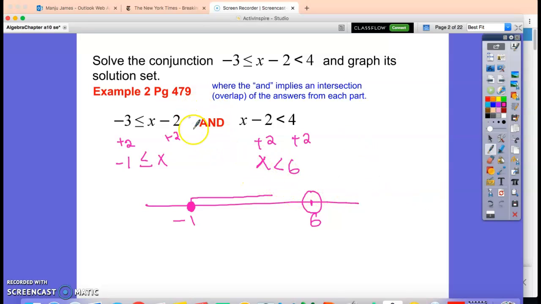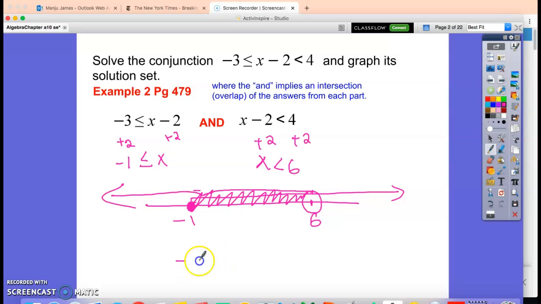But this is an "and". So we need to find the intersection. x ≥ -1 goes all the way this direction, but then x < 6 is going from here to here. But then what is the intersection? The intersection is this part, right? So this is the solution set.